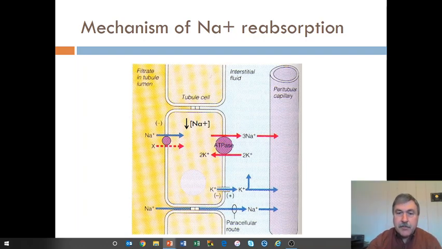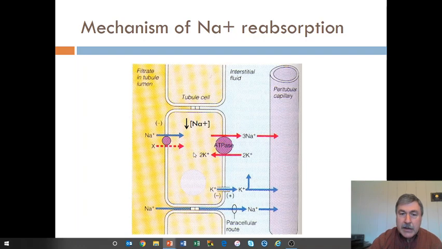Okay, that's one thing. Also, by transporting sodium out of these tubular cells, that decreases the concentration of sodium in the cytoplasm of that tubular cell. So inside this cell, we have a low concentration of sodium, and it always stays low. There's always a standing gradient, which is low in sodium on the inside of the cytoplasm of those cells, because these sodium-potassium ATPase pumps are always pumping the sodium out.